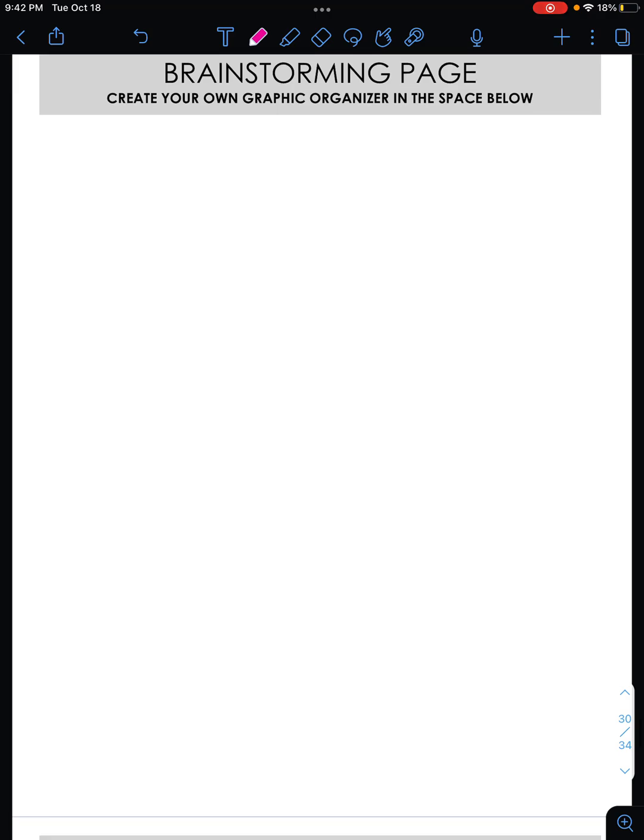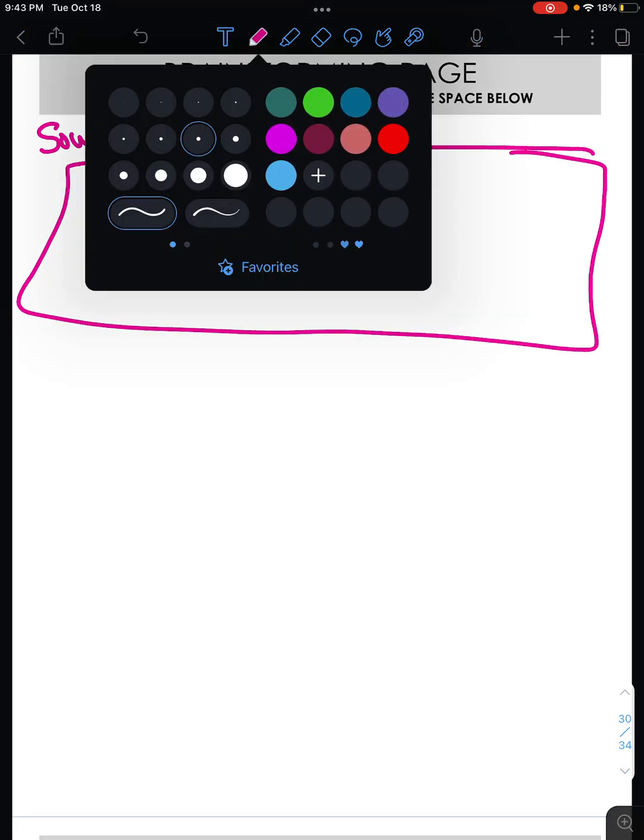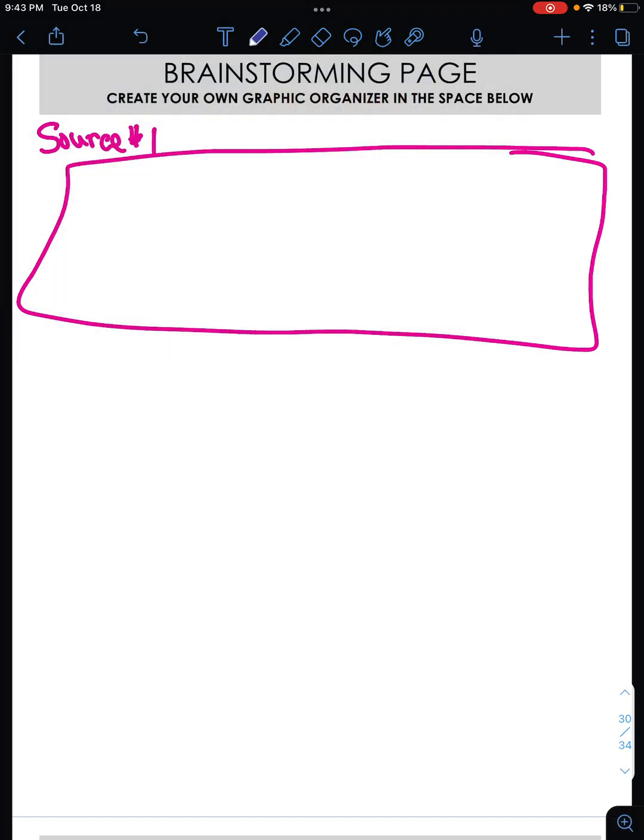And then it says to bring your brainstorming page, same thing like we did last year. Create your own graphic organizer in the space. So maybe, I mean, it just all depends, boys and girls. You might have a box 1 for source 1, and then you take notes. Okay? Oh, and then, since you're on Notability, you can change it up, change it to a different color.